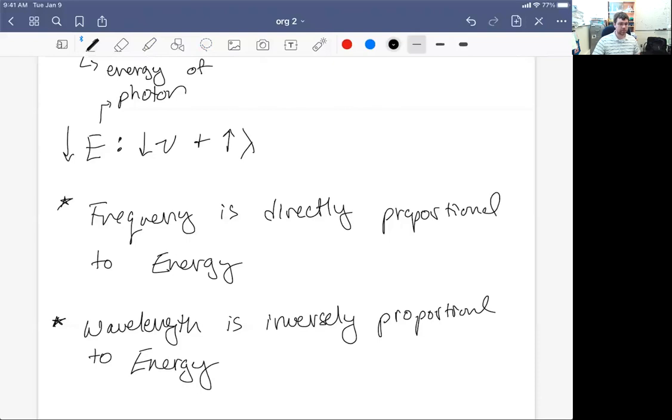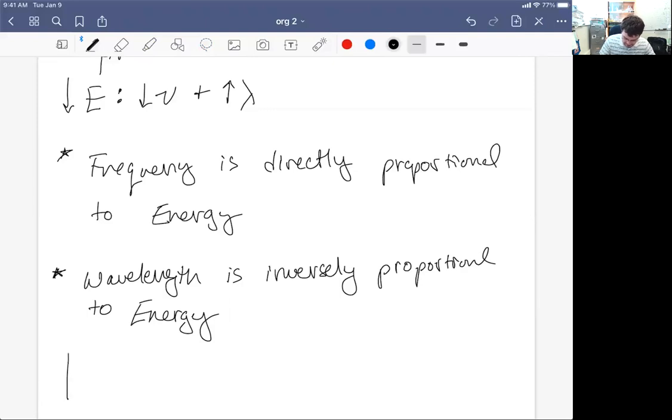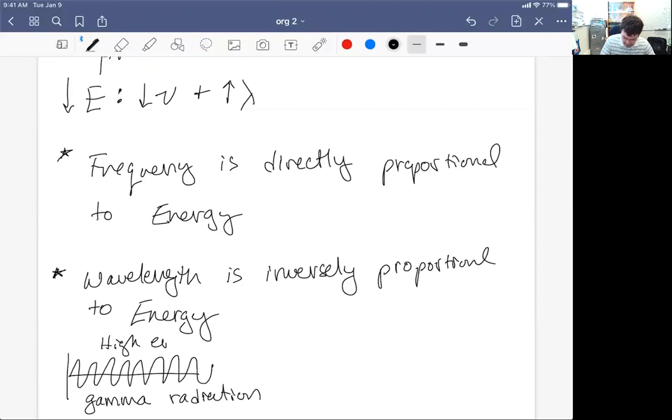So if we wanted to build a mental map of what this looks like, a high frequency and therefore small wavelength wave would be on the order of a wave representing gamma radiation. That's just an example.